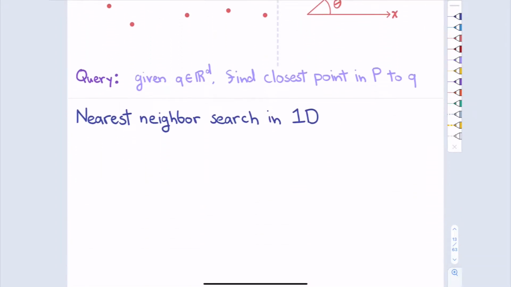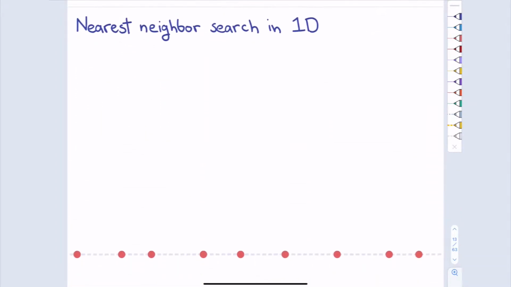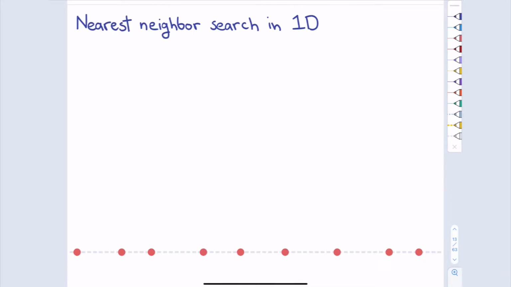As a warm-up, to build some intuition, or just make sure we're on the same page, let's look at nearest neighbor search in one dimension, just doing distance on the line. You have some point set on the line and you want to be able to query for the nearest neighbor. How might you approach this problem? Yeah, we can sort and do binary search.